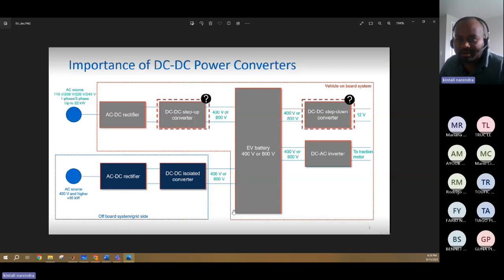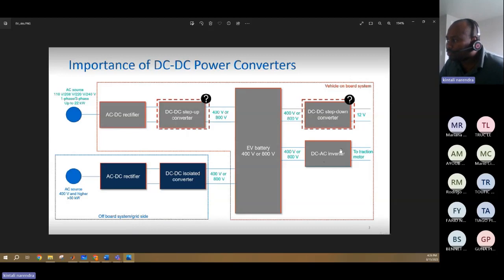There are many other things. This is a vehicle architecture in a block diagram. In an electric vehicle you have DC to AC inverters and DC to DC converters.